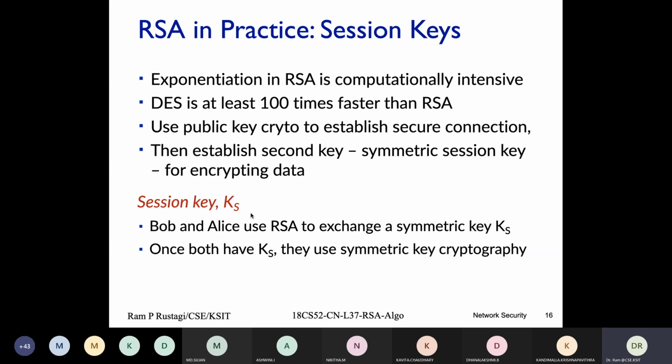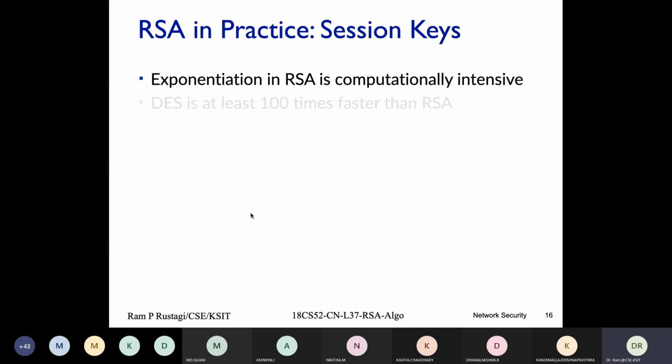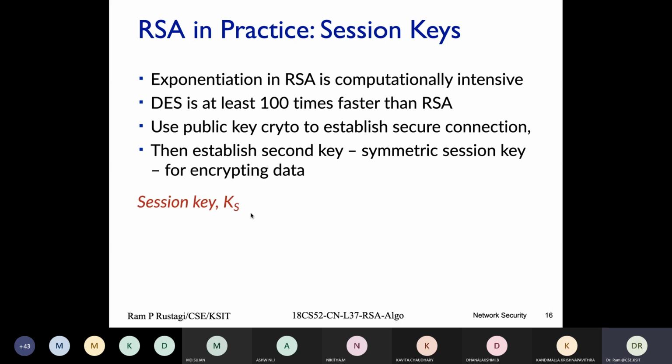In HTTPS, IPsec, SSL, and any VPN setup, RSA is used to do a one-time computation to determine the session key, and that session key is used to encrypt and decrypt messages. Once your session is over, you establish the next session, do a one-time exchange of the next session key, and use that.